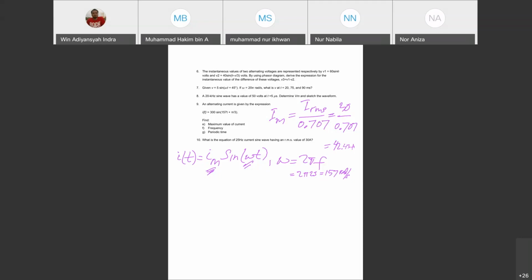So just put the values inside here: i(t) equals 42.43 sine 157t ampere. That's it.